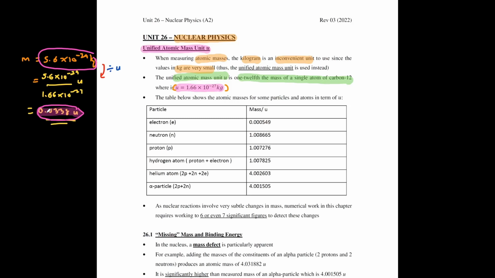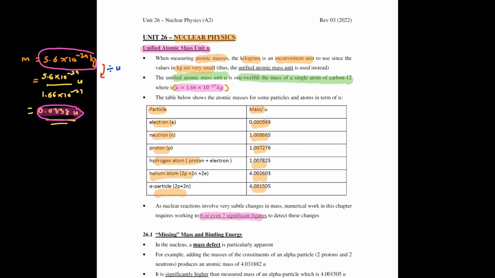So if you look at the table below, this table here lists down certain common atomic particles as well as their associated masses in terms of U. All right. Now, for this particular chapter, especially when you do your calculations involving the masses, you are supposed to maintain the number of SF during your workings.